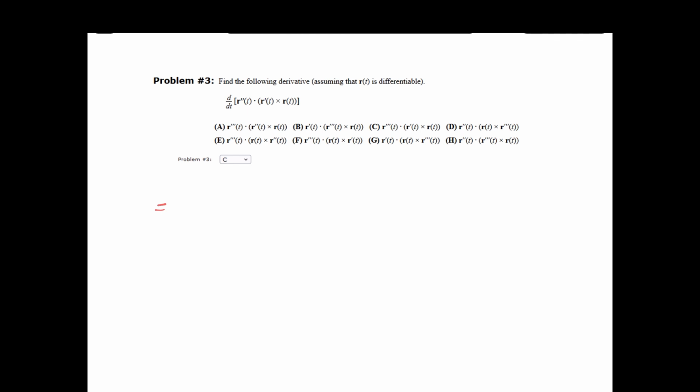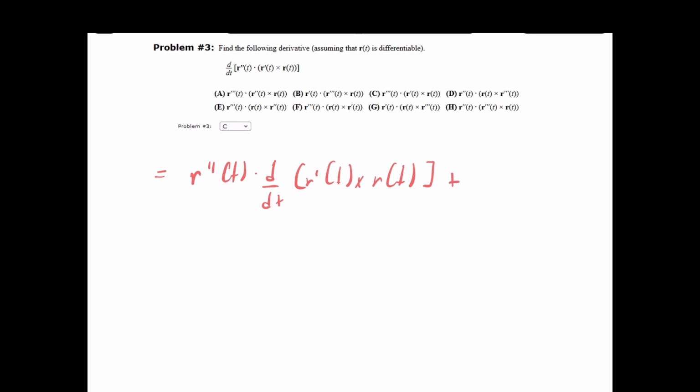So first off, we're going to have r double prime at t times d by dt, r prime at t, cross product of r at t. And then this is going to be plus. So we're just doing product rule. So the first one, we applied it to the second. Now we're going to apply r triple prime at t times r prime at t, cross product r at t.